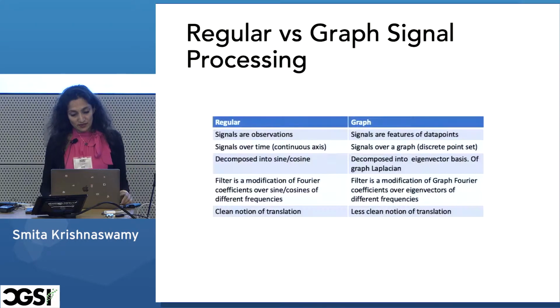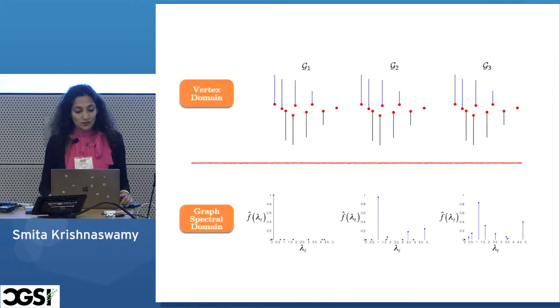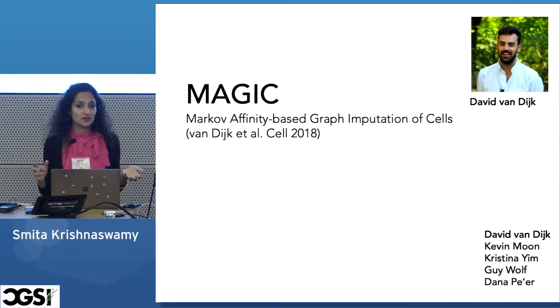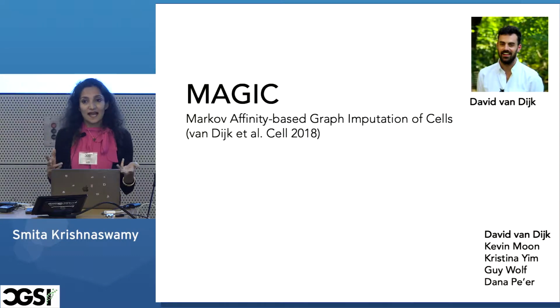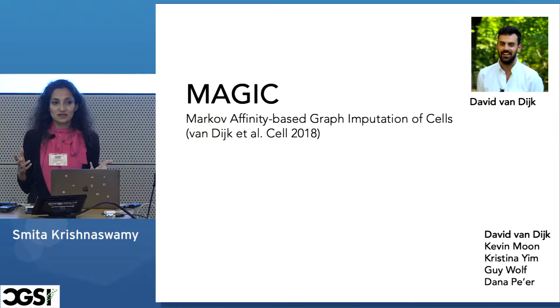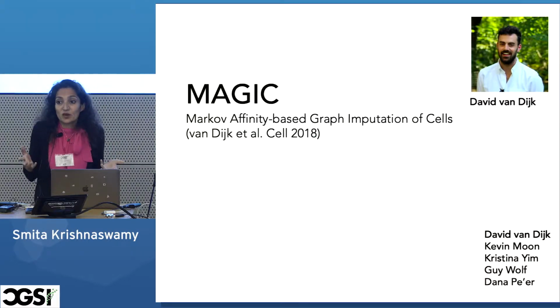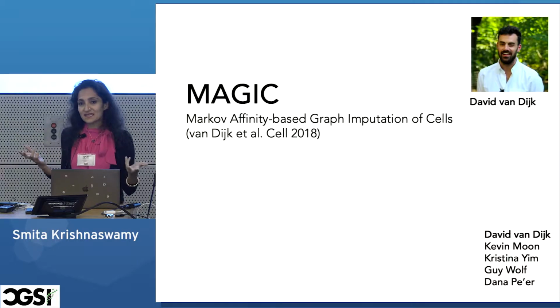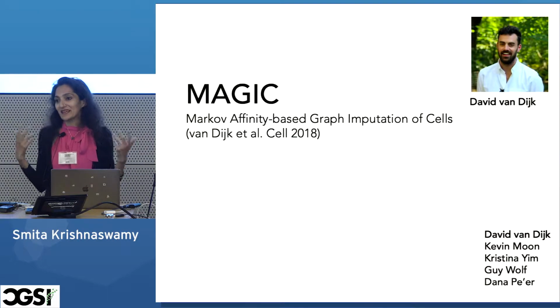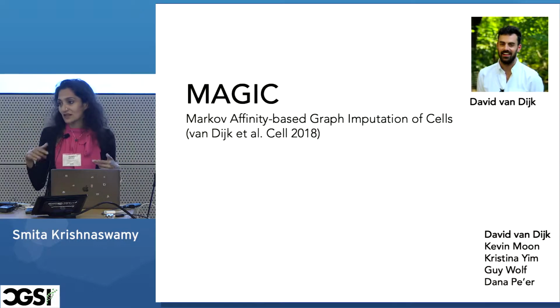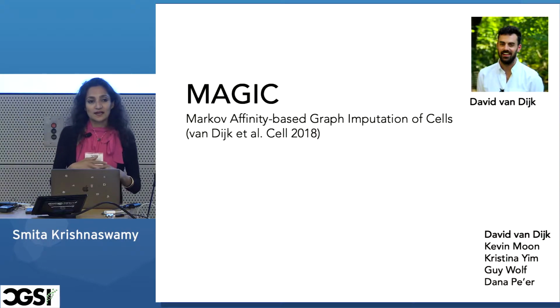With that, I'm going to talk about one of the algorithms that we developed. Actually, when we wrote the paper, we didn't write about it in a graph signal processing way, even though we mentioned the connections. But since then, I've become enlightened to graph signal processing, so I'm going to explain it from a graph signal processing perspective now.